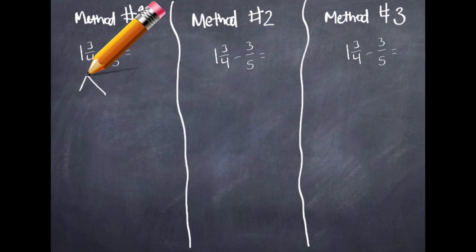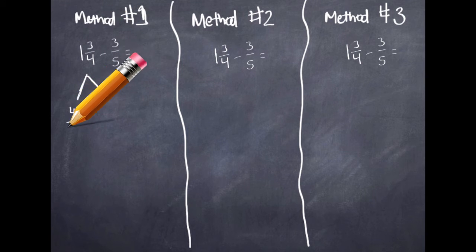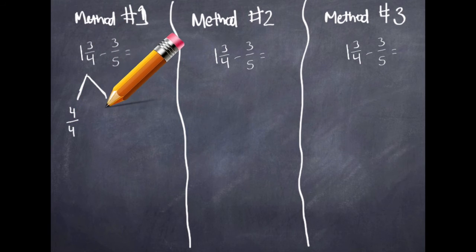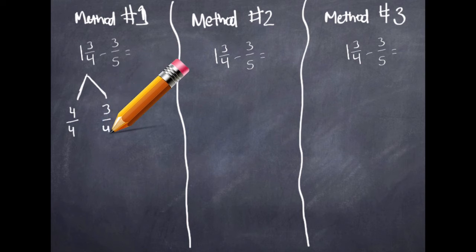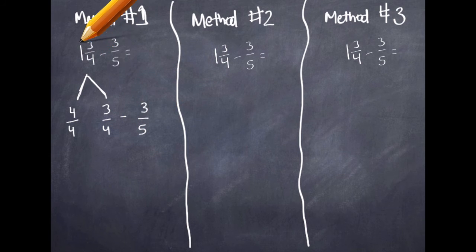So first of all, I can kind of think about this 1 3/4. I could split it into 2 numbers, right? I could think of my 1 whole as 4/4, and I could think of my 3/4, of course, as 3/4, and then minus 3/5, right? But here's the thing, I have fifths over here. Instead of thinking of my 1 whole as 4/4, could I think of it as 5/5?